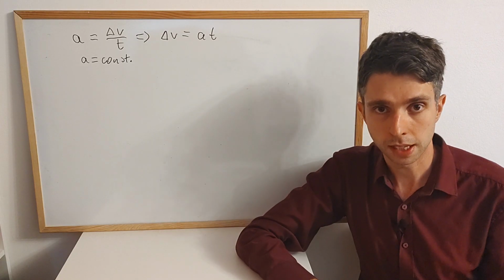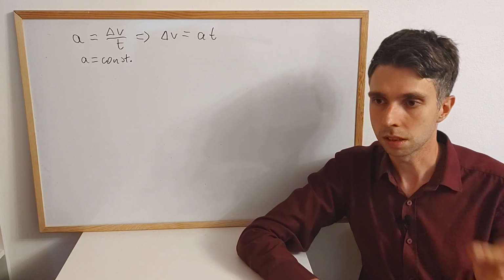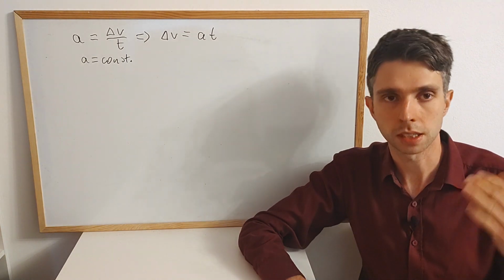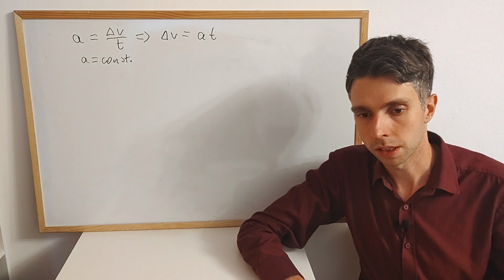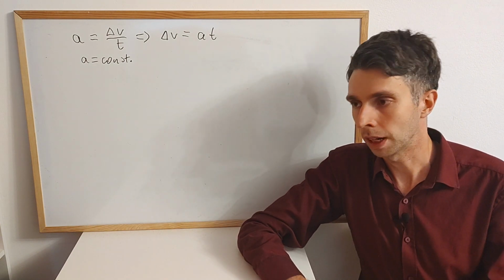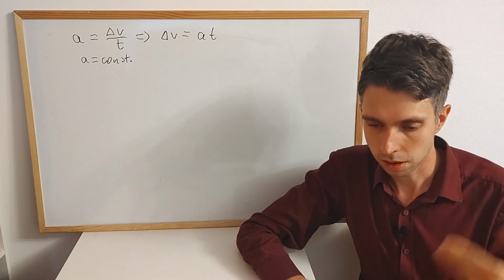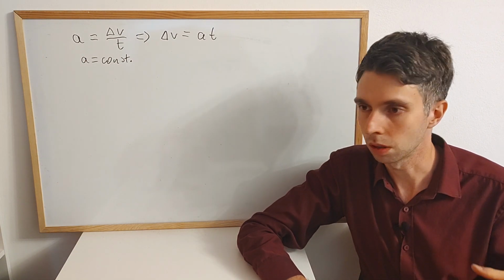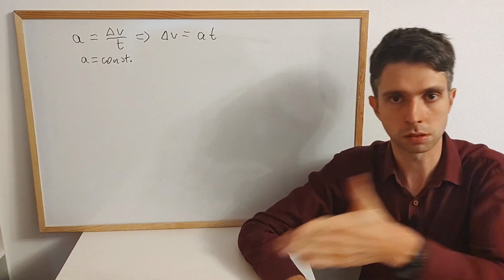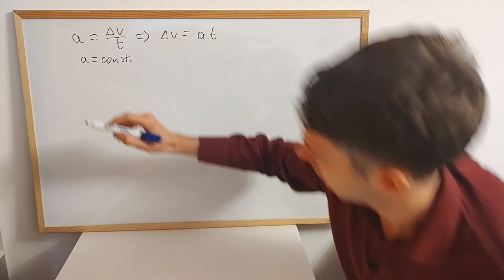Now let me discuss the more general case in which the initial speed is not zero. So for example, you are driving 50 kilometers per hour, but then you are going onto a bigger road and you increase your speed from 50 to 80 kilometers per hour.